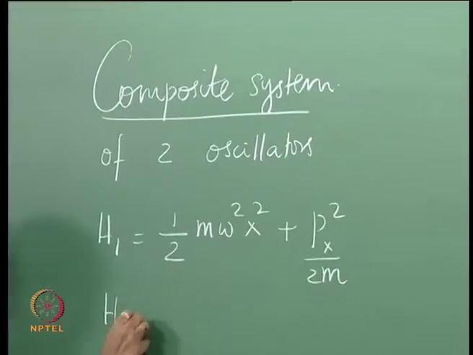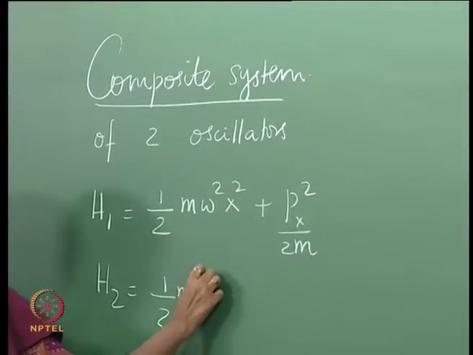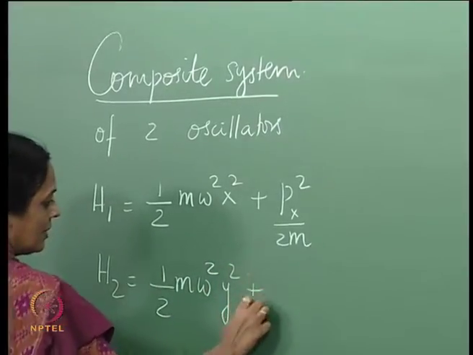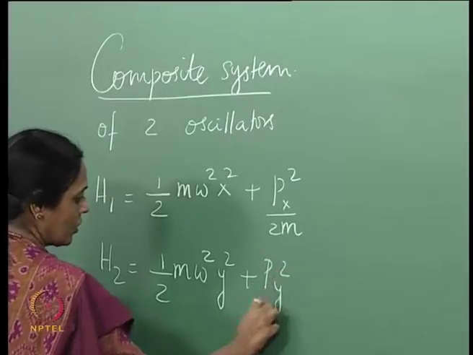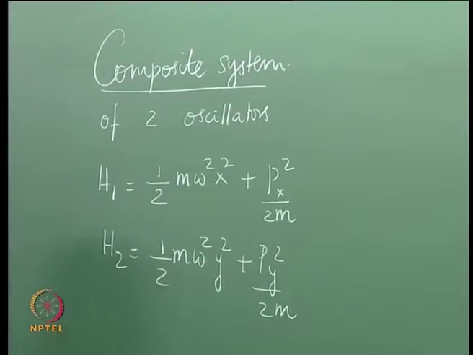Then there is the other oscillator, which too has the same mass, the same omega, but now it is along the y direction, and therefore I have y and p sub y.